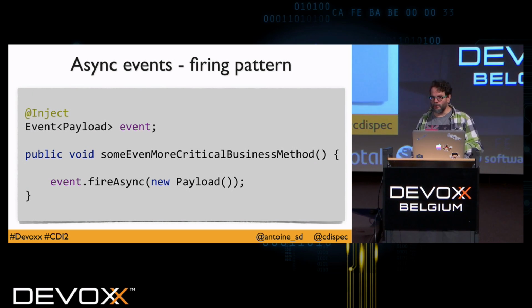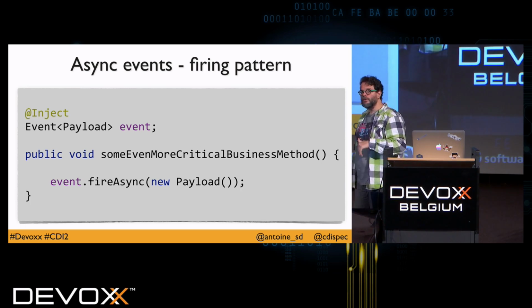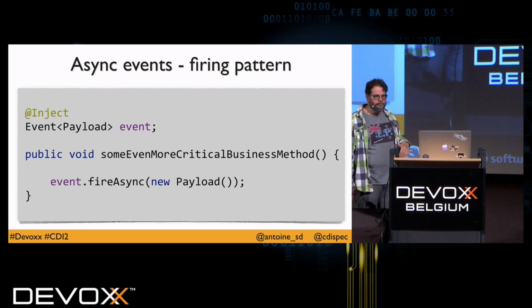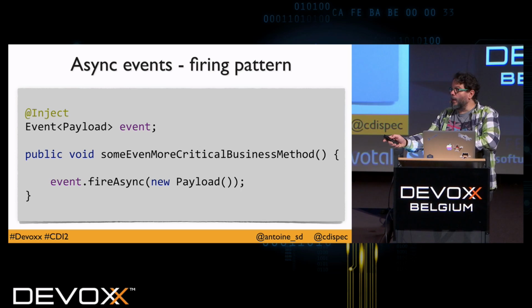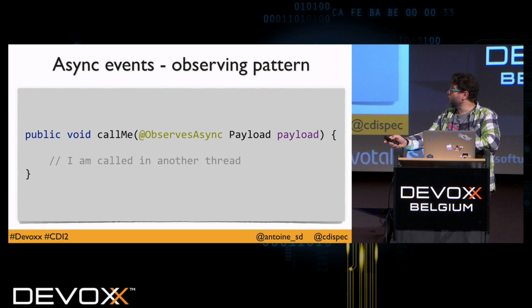So, the conclusion of that: we have to use a new method to trigger the event. So we introduced the fireAsync method to trigger the event asynchronously. And we had to introduce a new observer annotation, @ObservesAsync, which observes asynchronous events.